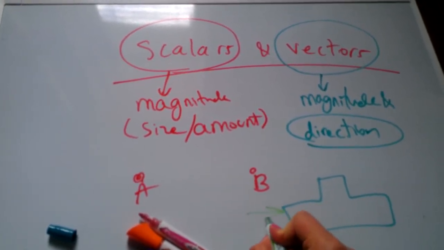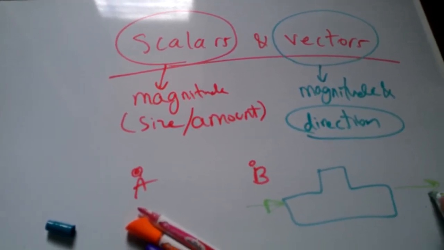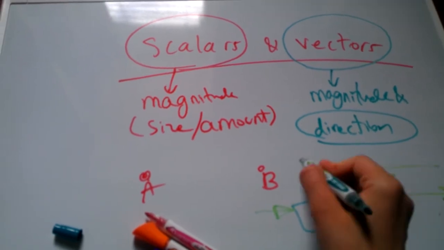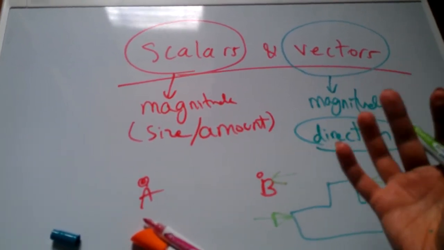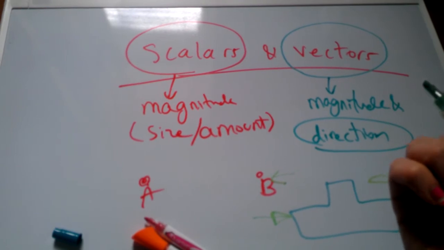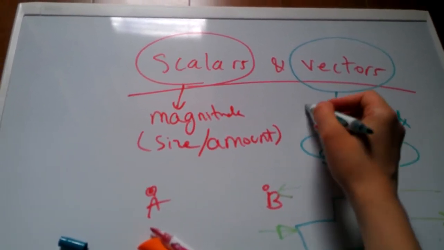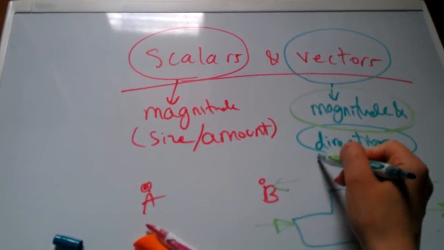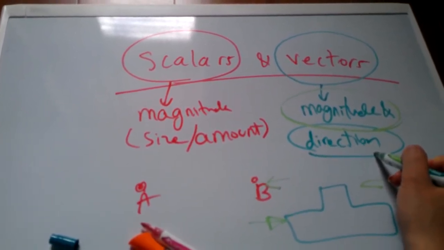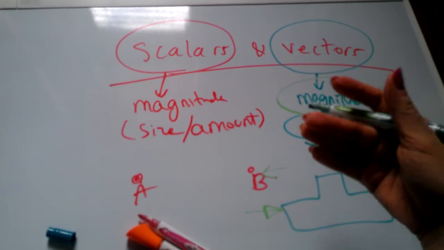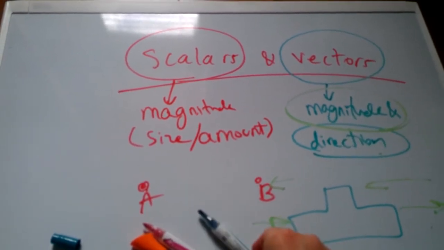For example, if you push it this way, it goes this way. If you push it the other way, it goes the other way. These are vectors, and basically their magnitude, their size, and their amount is as important as the direction towards which they are acting on an object.